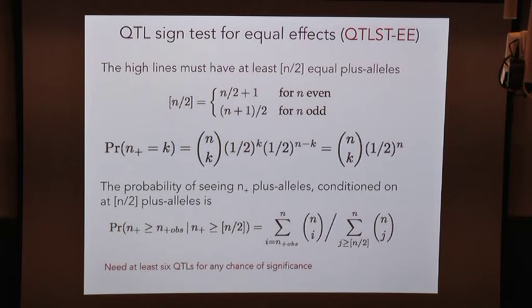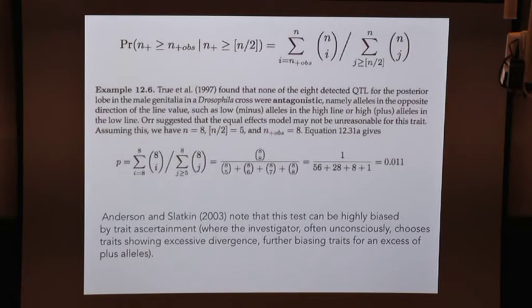So what this probability does is it says, conditioned on the fact that I've got to have more plus alleles than minus alleles, what's the chance I actually see that? As we saw in this example, if you have all 8 plus and no minus alleles, you expect 5, 6, 7, or 8 in the high line. What's the chance of seeing all 8 as opposed to seeing 5, 6, 7, or 8 plus alleles? There it is, it's 1%.